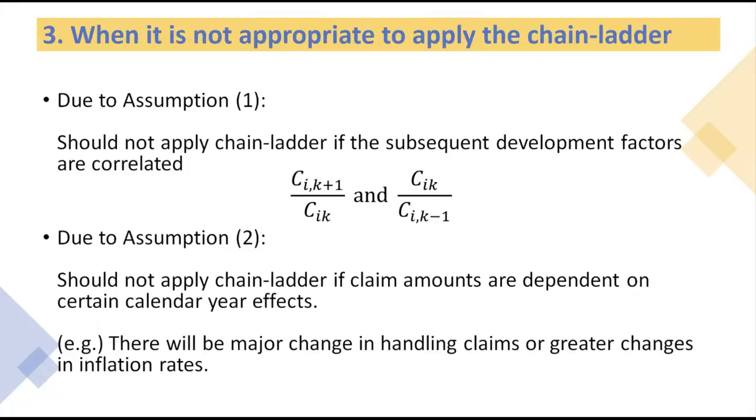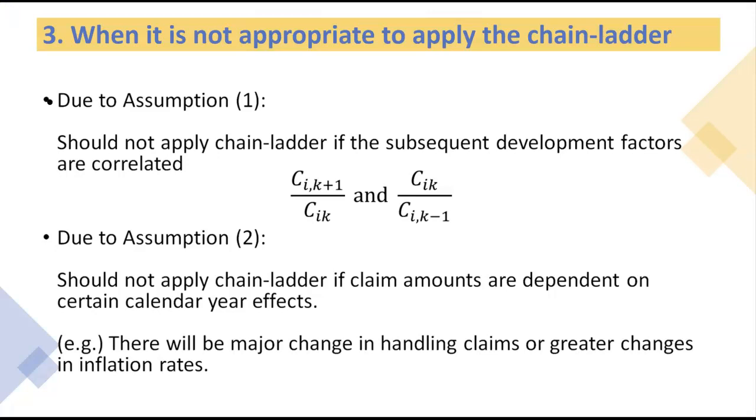The third topic of the paper discusses when it is not appropriate to apply CLM because of the three assumptions. First, the age-to-age factors are the same for all accident years, and we only use the most recent value. Therefore, due to this assumption, we should not apply chain ladder if the subsequent development factors are correlated.